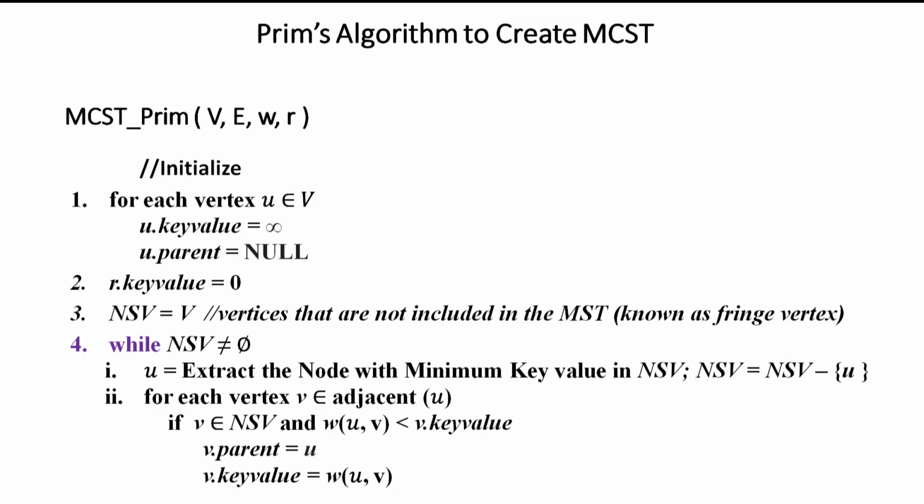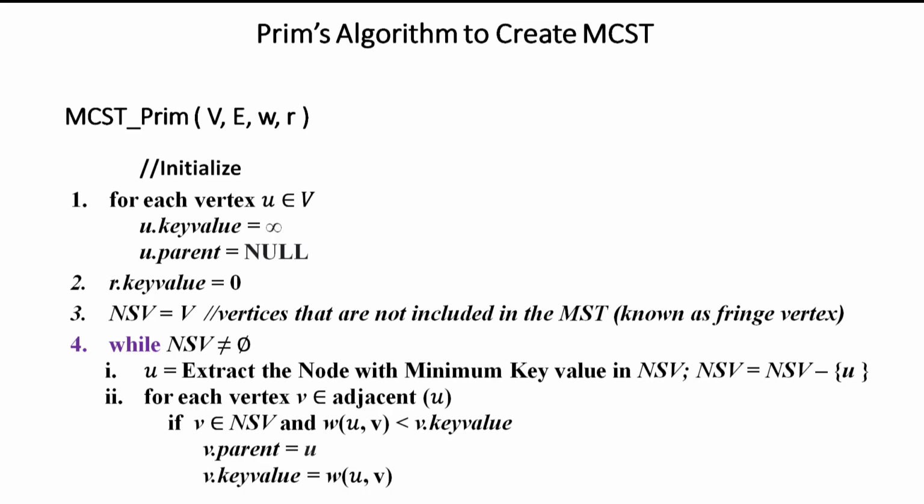If the graph has say 5 vertices, NSV will have those 5 vertices, say A, B, C, D and E. Then we retrieve the vertices from the set of fringe vertices one by one till there are no vertices left in the set of fringe vertices.